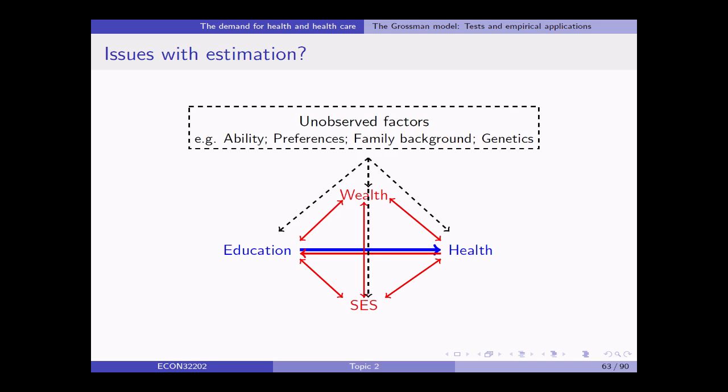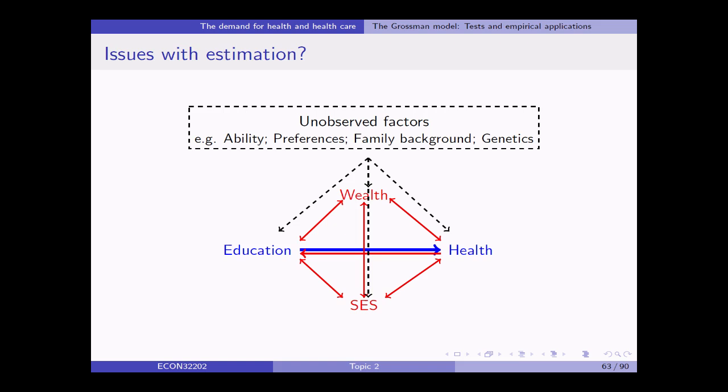Family background is incredibly important, and genetics, so these two tend to be lumped together. There's a whole raft of epidemiological and more recently econometric evidence using genes to predict education and also predict health. So DNA SNPs can be used to predict all sorts of health outcomes.